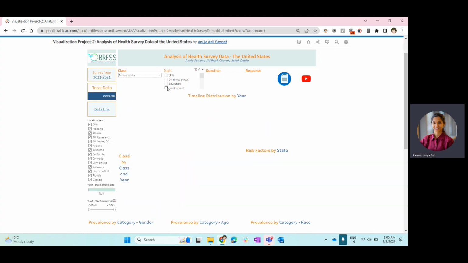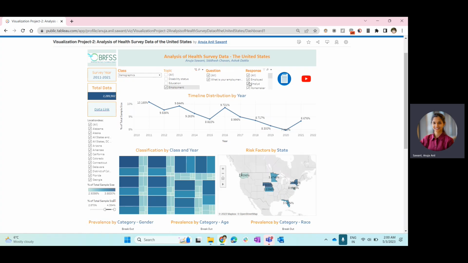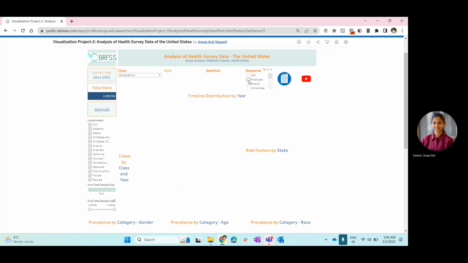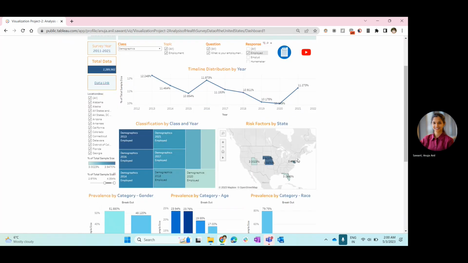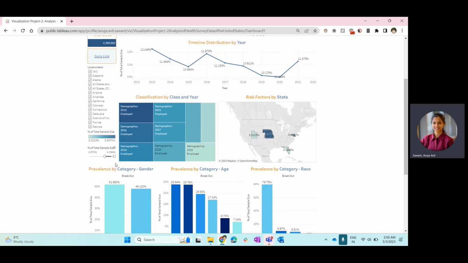Suppose I check employment in that particular state. Yes, we can see Nebraska, Kansas, Maryland, Florida, and New York.